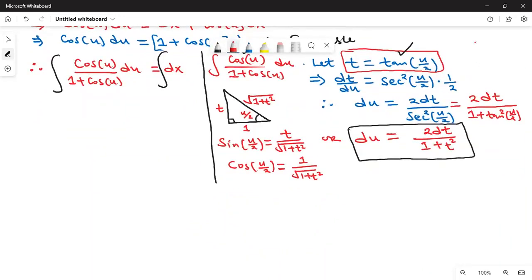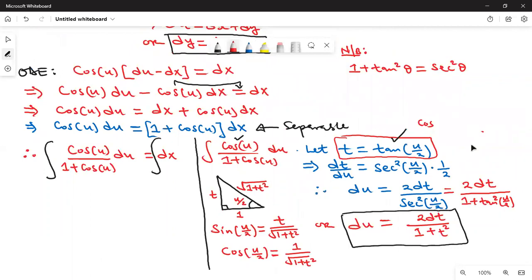Also, another identity that we need to take note of: cosine of 2 theta is the same as cosine squared theta minus sine squared theta.